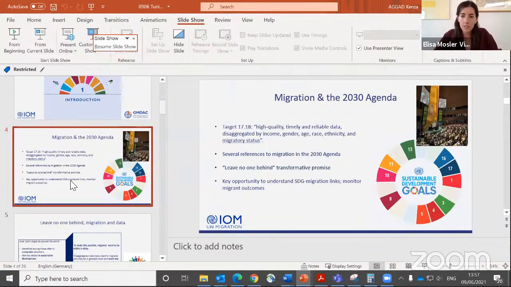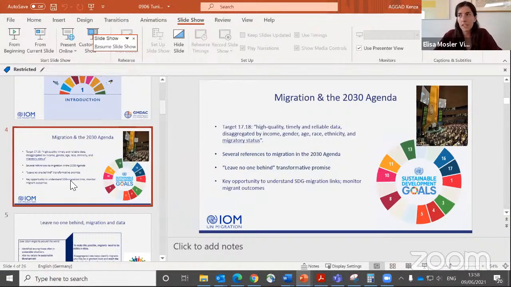And one other key entry point to the disaggregation agenda is that target 17.18 of the SDGs makes an explicit reference to disaggregating development data, so data related to health, education, other areas of development. It refers to disaggregating this indicator by a number of different dimensions, so income, gender, age, and a few others, but also migratory status.